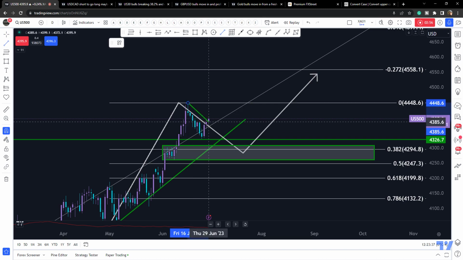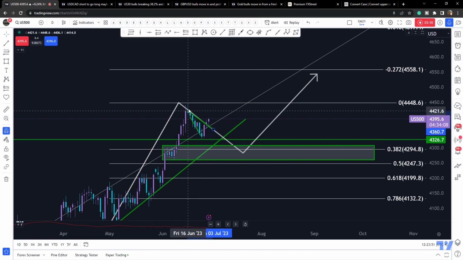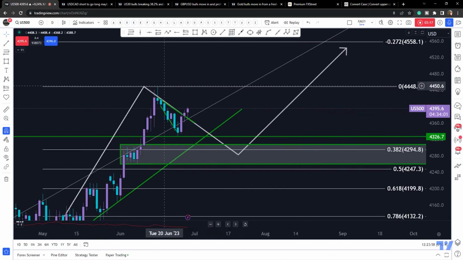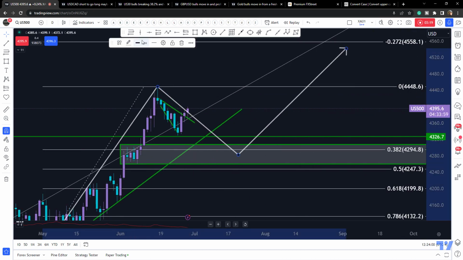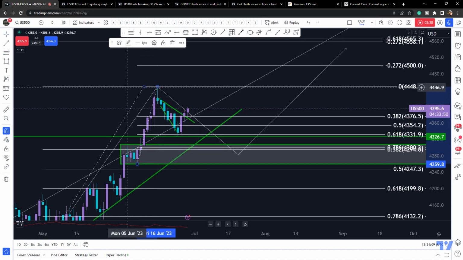We've got this sort of flag scenario, bullish flag scenario on the daily chart, and we're starting to break out of that. So we've got this impulse from down here up to there.